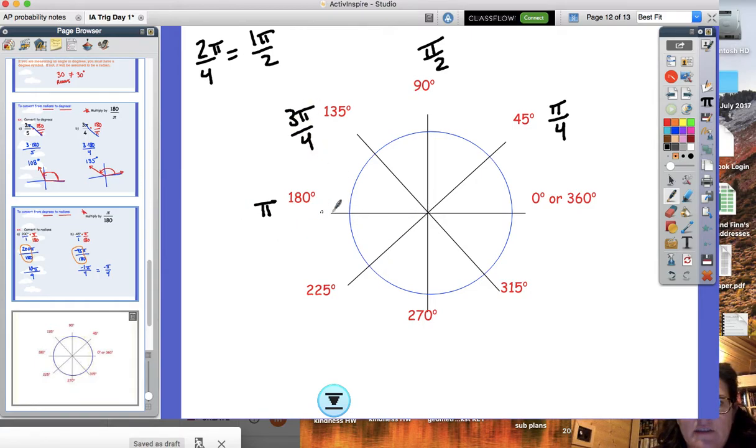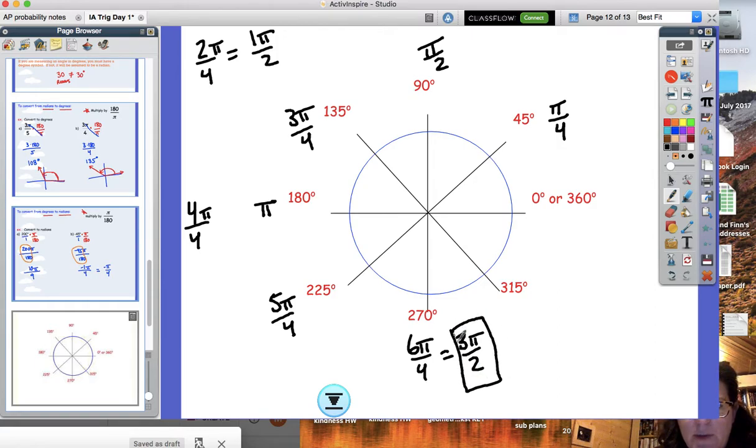Then technically this would be 4/4, but 4 over 4 is just 1. That's why we would say pi. So we got 1/4, 2/4, 3/4, 4/4. That means this is 5/4. Then this would be 6/4. Now that can reduce. This will reduce down to 3 pi over 2 because 6/4 reduces to 3/2. So we're going to refer to it as 3 pi over 2, the reduced version.